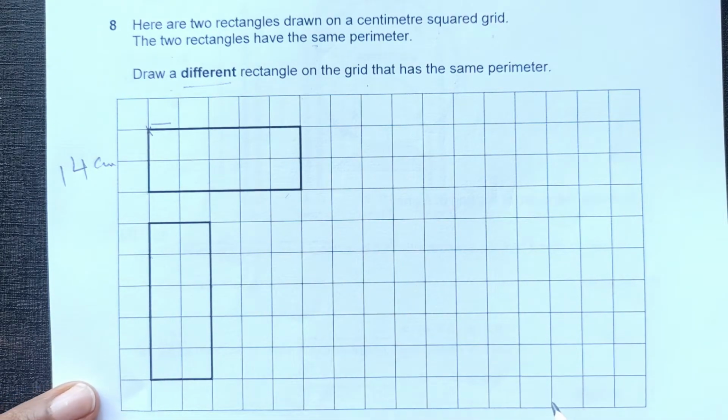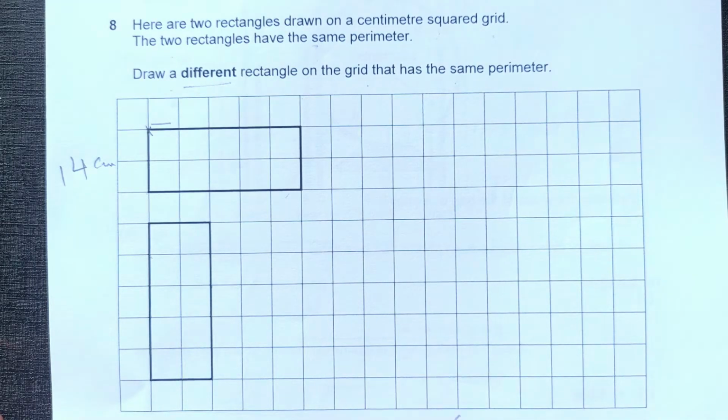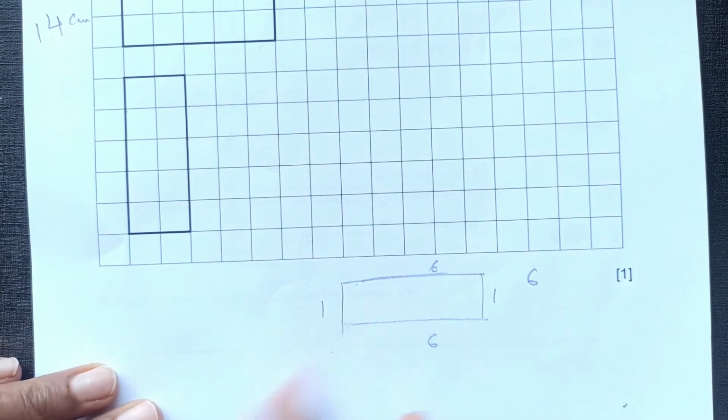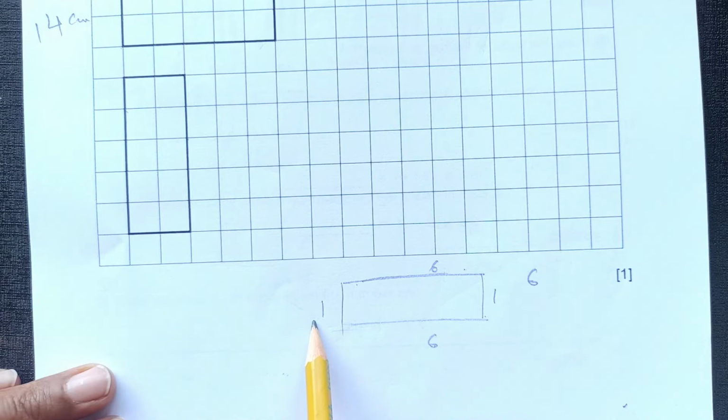So we can have a rectangle with, let's say, this side 6 centimeters, this side 6, 6 plus 6 is 12, and 1 on this side. You may have different answers. So one side is 6, this is 6, 6 plus 6 is 12, and 13 and 14.